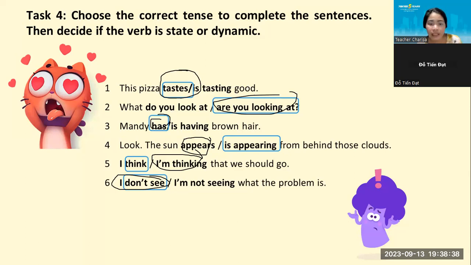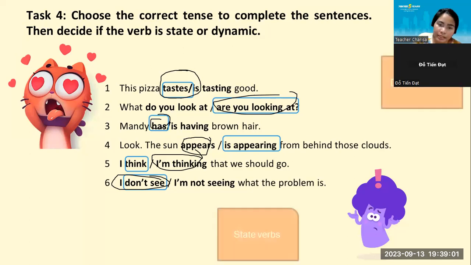Look, the sun is appearing from behind those clouds. What is that? That's continuous. I think that we should go. So that's the opinion, that's the state. I don't see what the problem is. So what is that? That is present. Very good. The dynamic verbs.